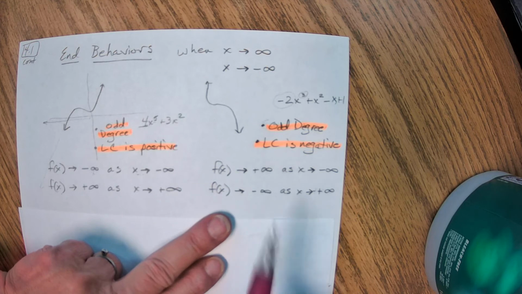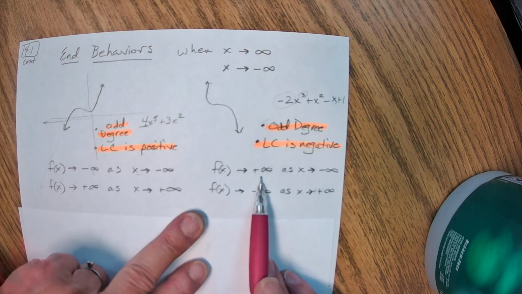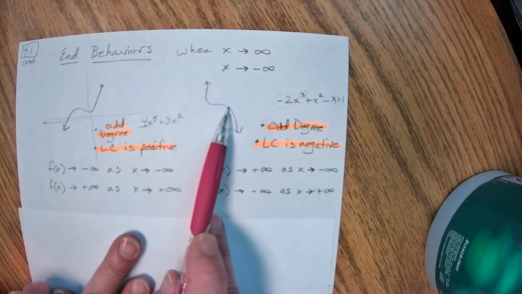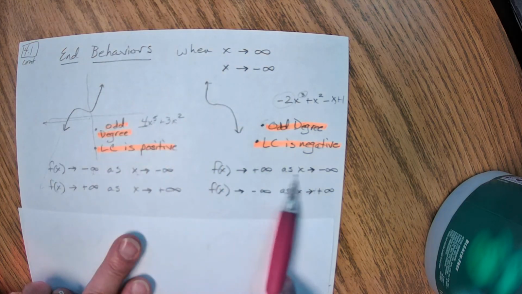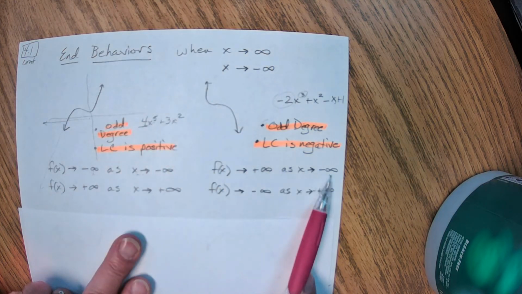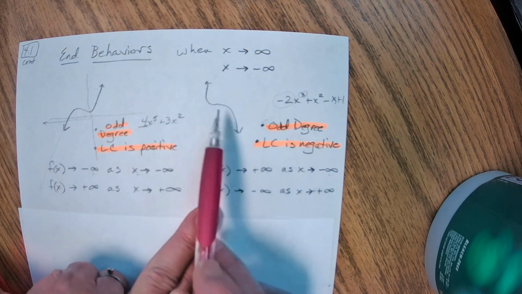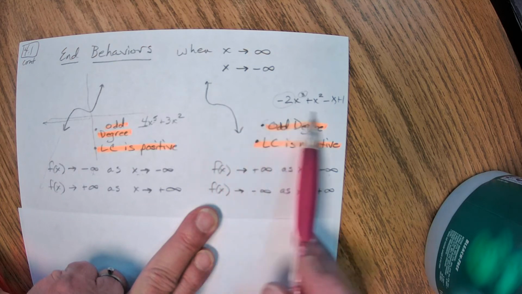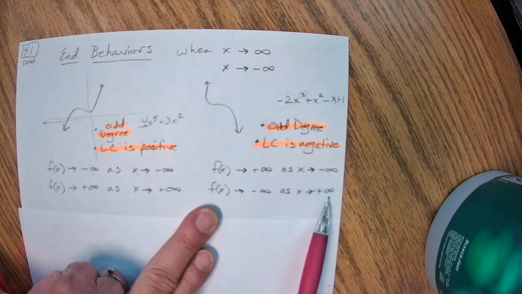So in this case, f of x approaches positive infinity as x approaches negative infinity. F of x approaches negative infinity as x gets bigger. In other words, as x approaches positive infinity.